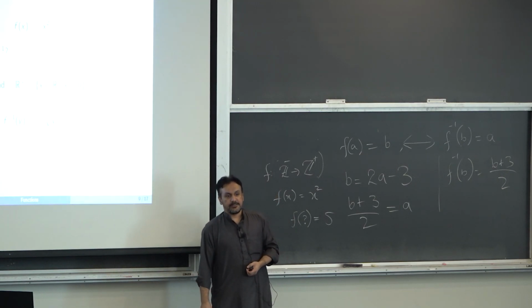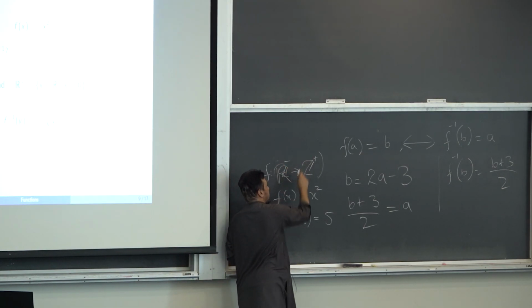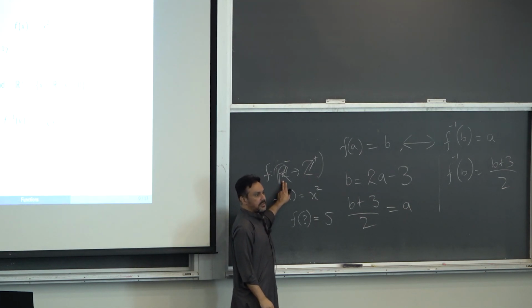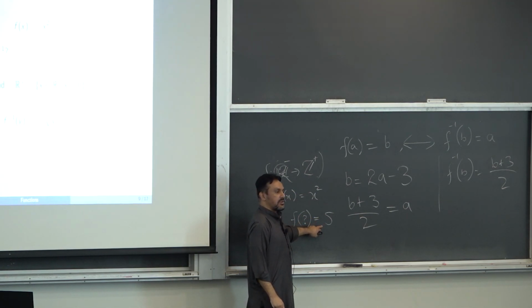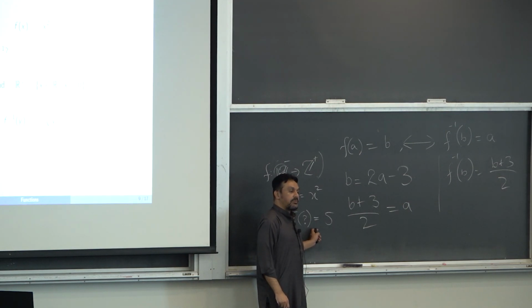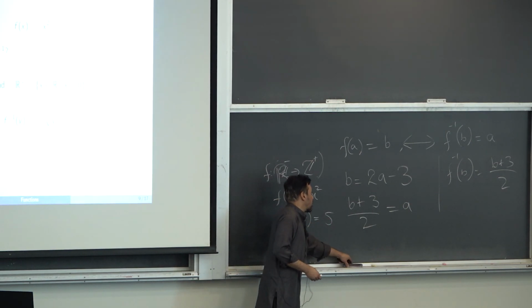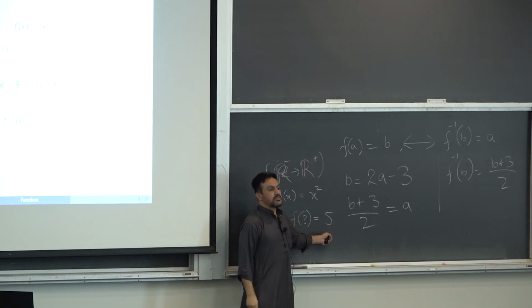But in this case, if I make this real, then is 5 an image of something? Is there anything that maps to 5 under this function? Oh, sorry, this is by the way wrong. What maps to 5?